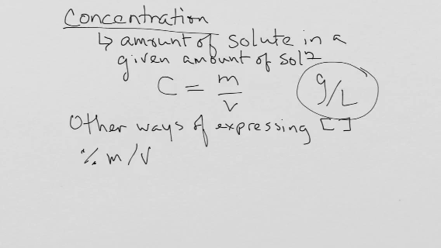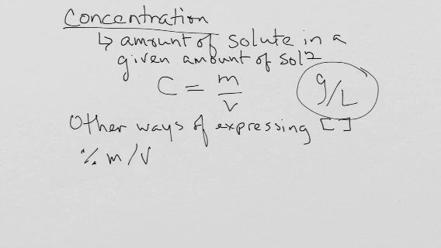Every time we see a percentage sign, the final volume or the overall volume will be 100 milliliters, because percentage means 100. If you get 94% on a test, you got 94 of the available marks out of the 100 available marks.